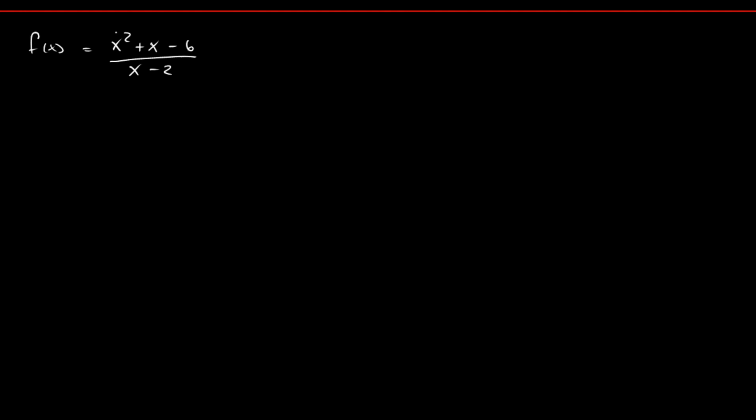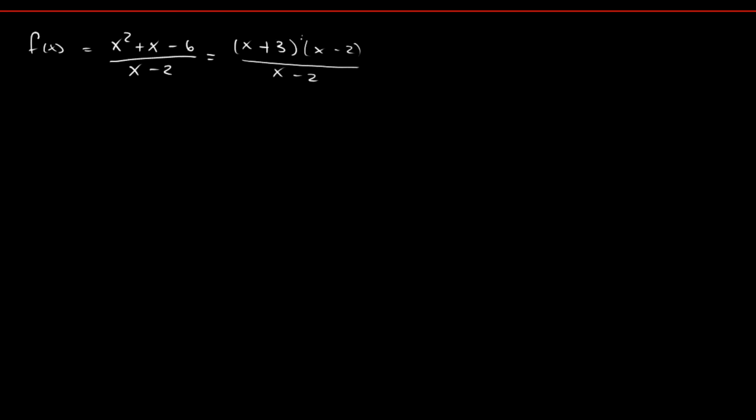And whenever we have something like this, a long polynomial and a very short one, then the best thing to do is to factorize the long one. So to factorize x squared plus x minus 6, we multiply x plus 3 times x minus 2. And this was all divided by x minus 2.